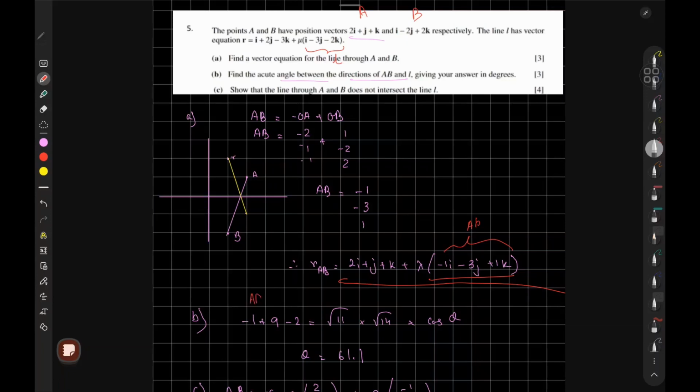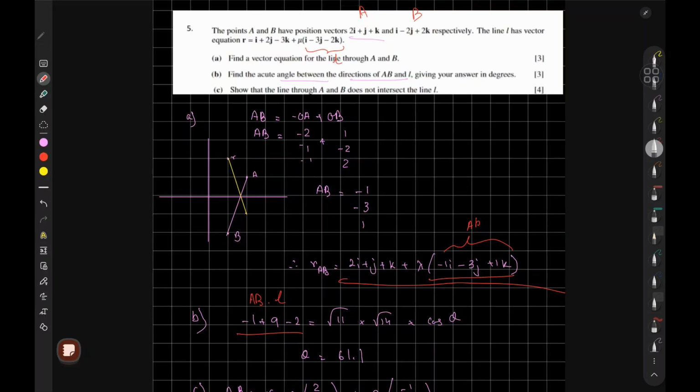Right, so you're dotting AB times L. What is the vector for AB? Minus 1 minus 3 plus 1. Then you multiply or find the scalar product of that with the vector for L, and that is your scalar product.